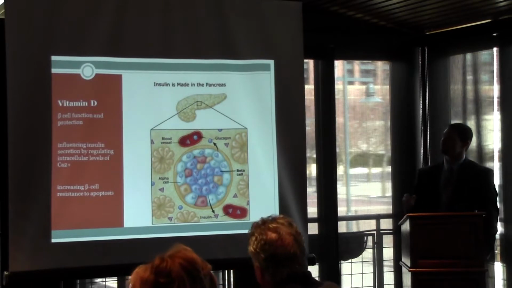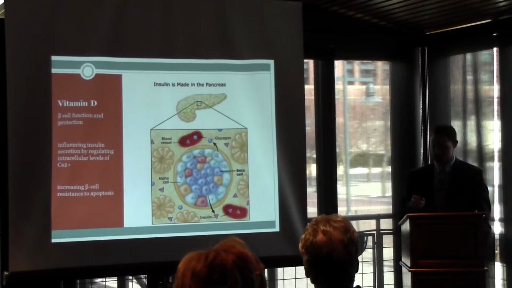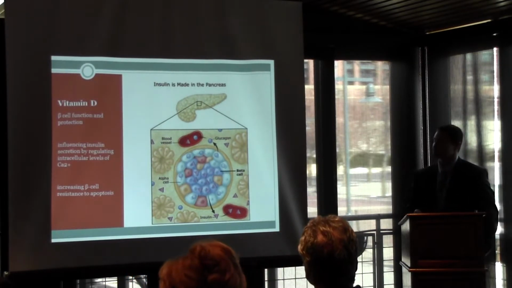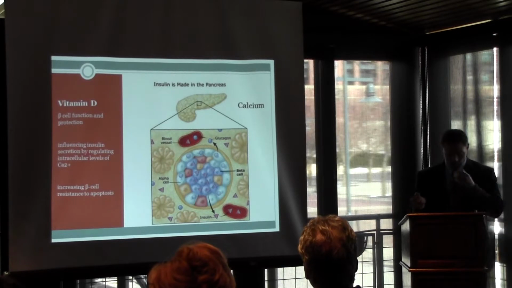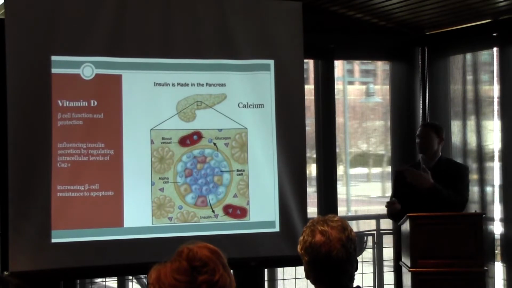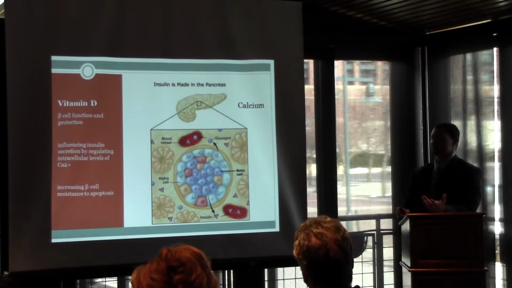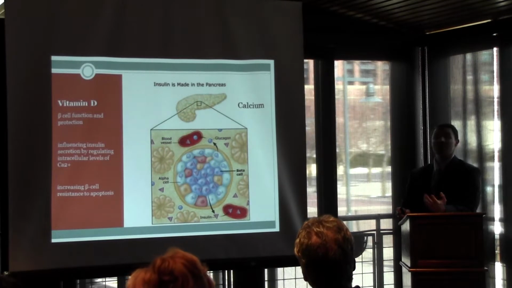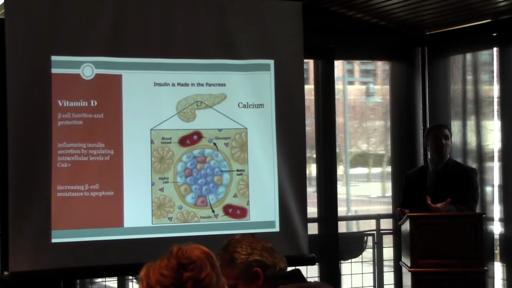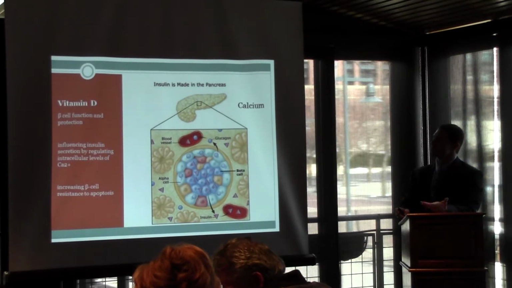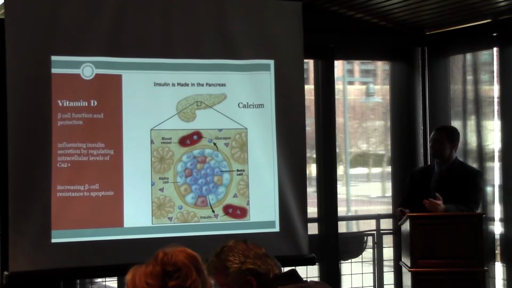So if you look at what vitamin D does, its role in the pancreas. Vitamin D, as we know, is going to be responsible for calcium homeostasis, right? If you look at the proteins in the gut, calbindin is the one that's coming to mind. There's a couple of other ones that pick up calcium in the gastrointestinal tract. That is a vitamin D dependent protein. So it's going to pick calcium up and get it into circulation.